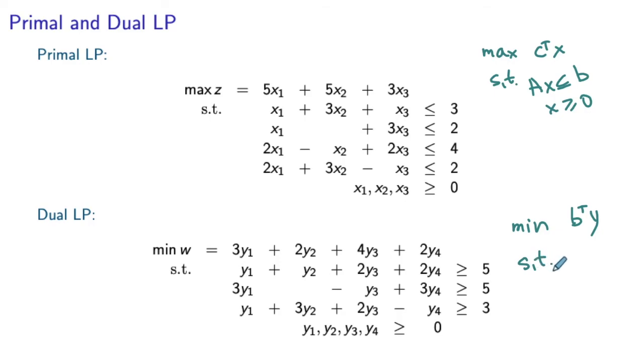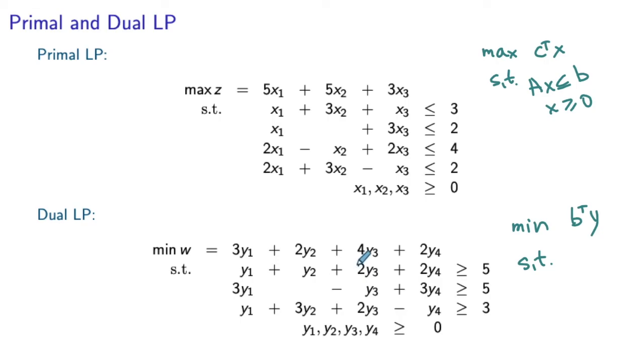Subject to, and we had the matrix here which was a 4 by 3 matrix for the primal problem, and for the dual problem we essentially use the columns of the primal as the rows of the dual.